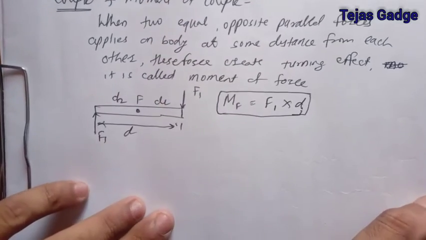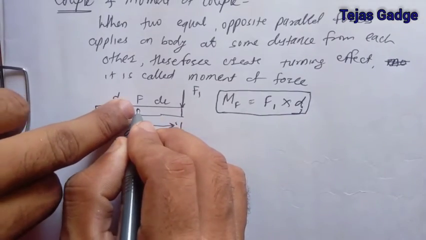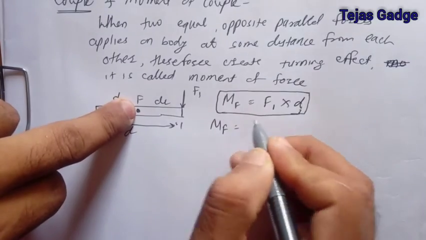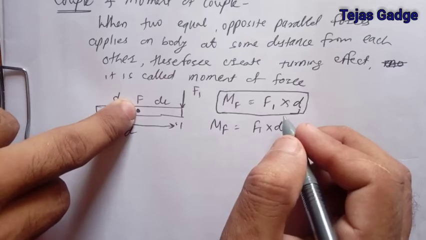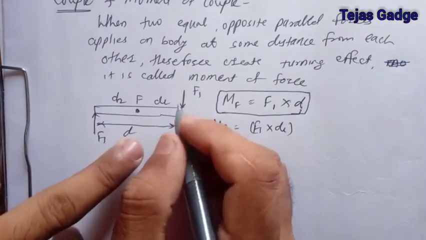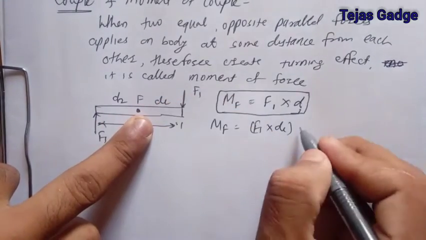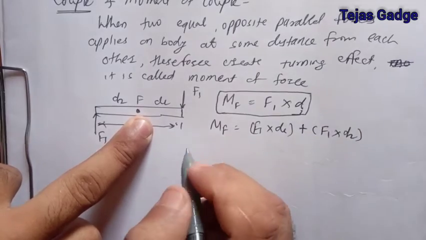Now if I want to calculate the moment about this fulcrum point, for one force F1 the moment will be F1 into d1, which is in the clockwise direction. For the second force F1, the moment will be the same direction, F1 into d2.